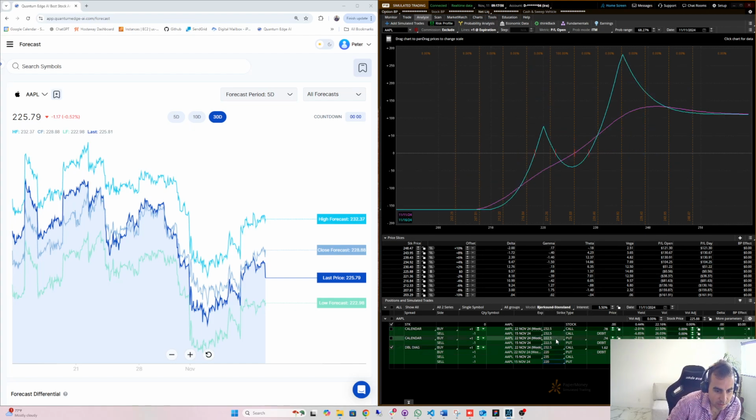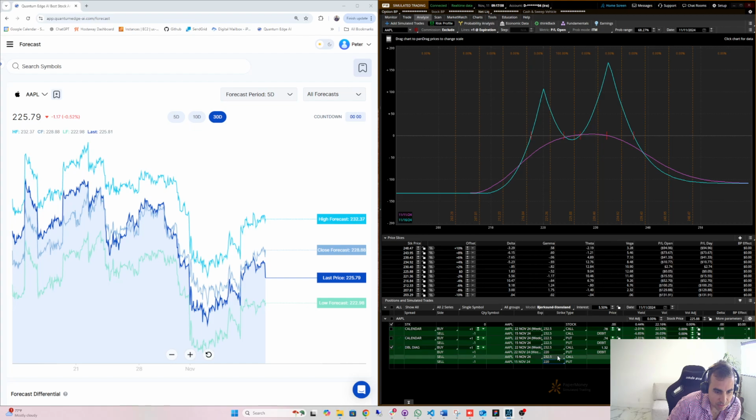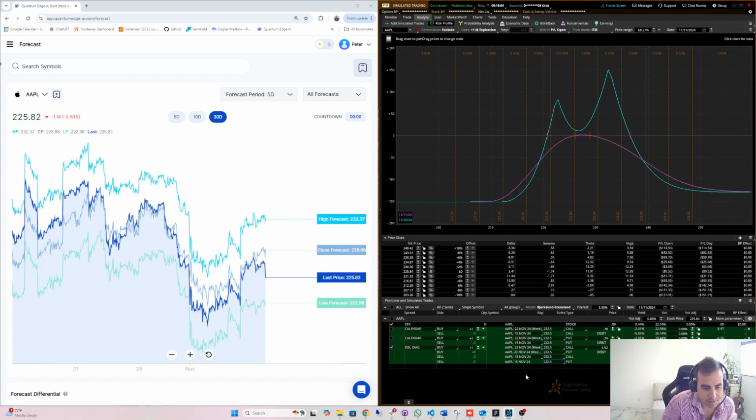We can say, okay, let's actually bring them a little bit closer together, and boom, just like that, we have an increased debit, but we've also increased theta. We've increased a little bit of risk, which is fine because now our theta is connected positively.